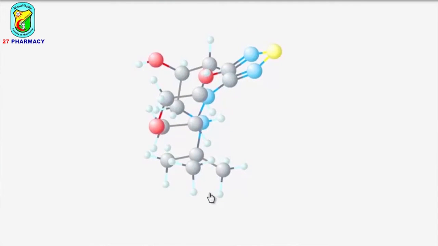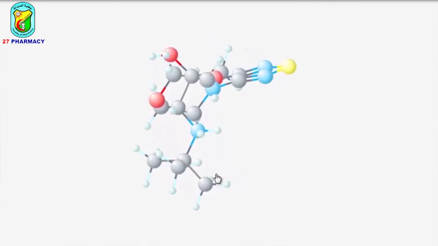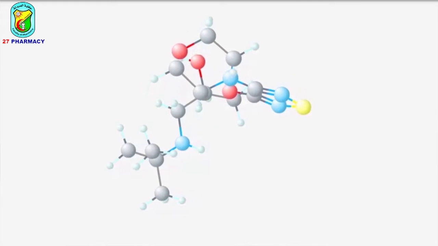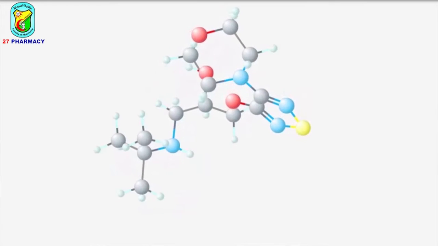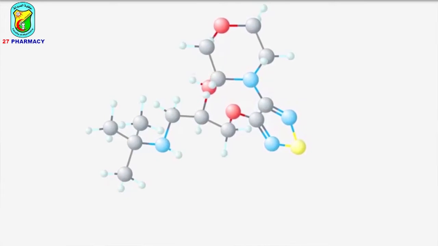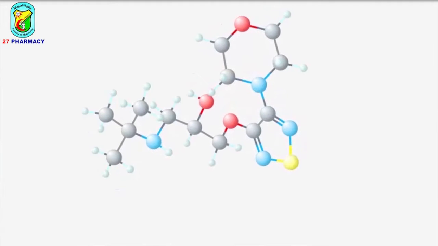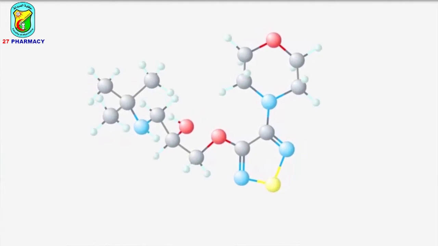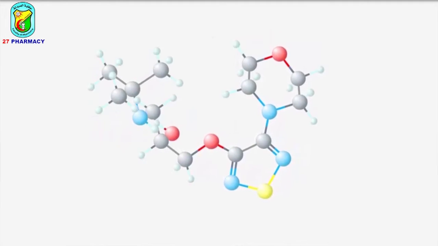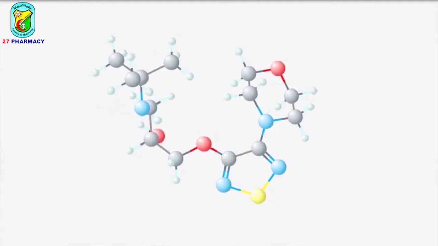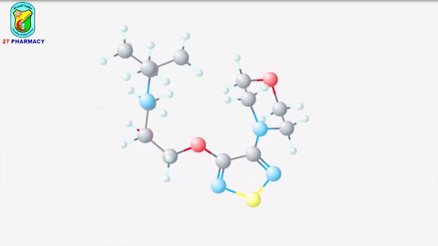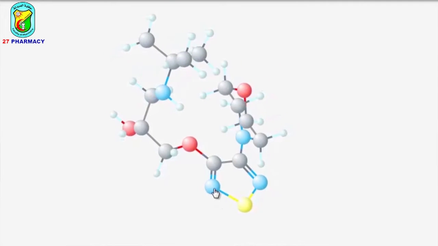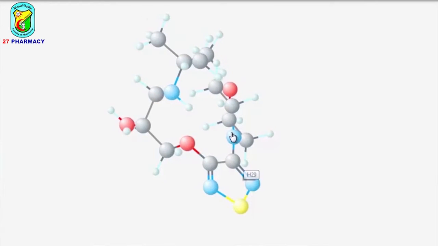The hydrogen atoms appear in pale blue color, and we can say hydrogen atoms appear and disappear and are linked to oxygen, nitrogen, and carbon atoms. Timolol has 24 hydrogen atoms. The nitrogen atoms appear in blue color.